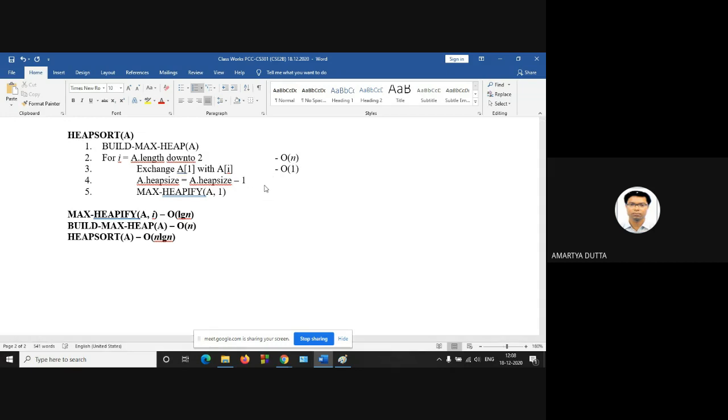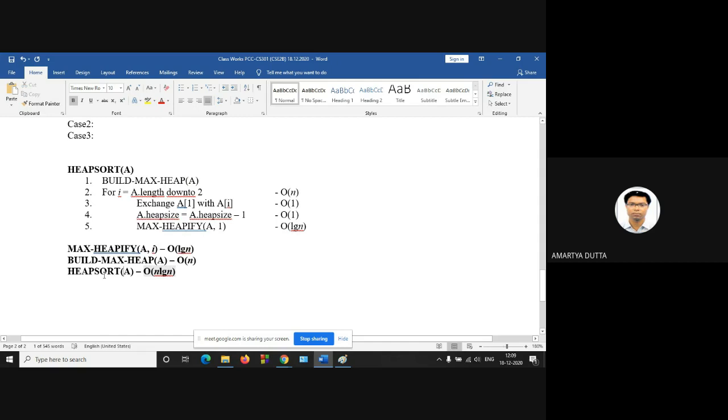For decrementing, again the complexity is 1, but for this one the complexity is lg n. So n times lg n, that's why heap sort is n lg n. Is it clear, the heap sort algorithm complexity?